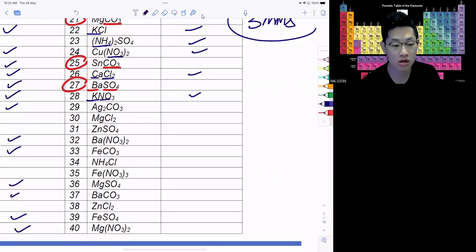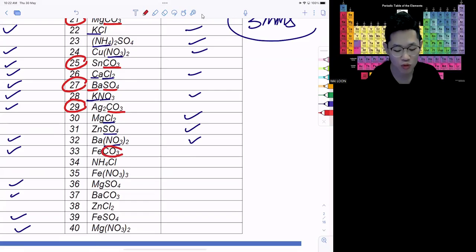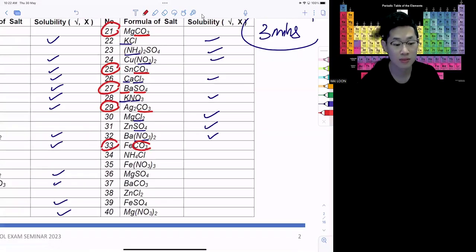Potassium nitrate, soluble. I see carbonate without SPA, insoluble. Roti canai is not pairing with the Hindu association, soluble. Siu bao is not pairing with the Chinese language association, soluble. I see nitrate, soluble. I see carbonate without SPA, insoluble.